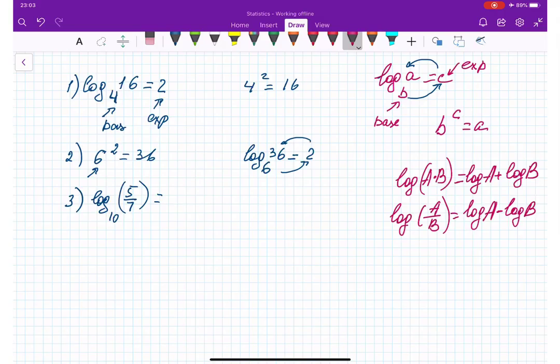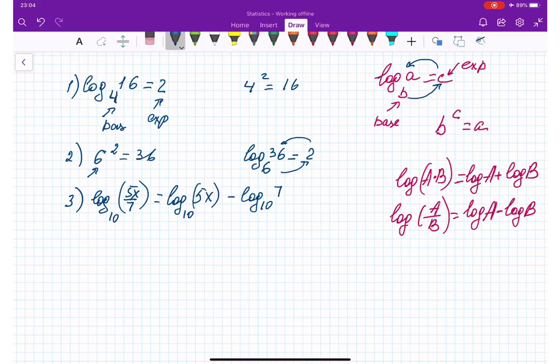So since we have 5x over 7, let me add here x, it's going to be equal logarithm 5x by base 10 minus logarithm 7 by base 10, right?